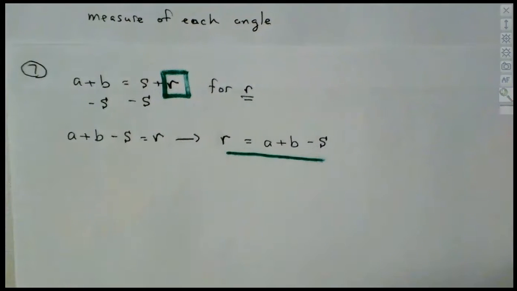Now, how do we know we've finished it? Well, we should have solved it for r. What does that mean? That means the r is on the left-hand side, and the r is all by itself. So I just moved that s over with subtraction. And then I rewrote it so that the r was on the left-hand side.